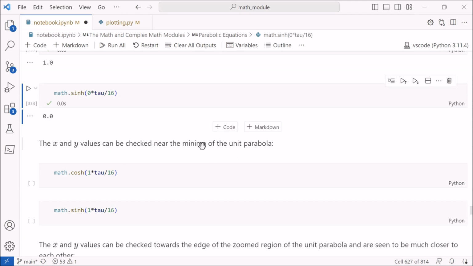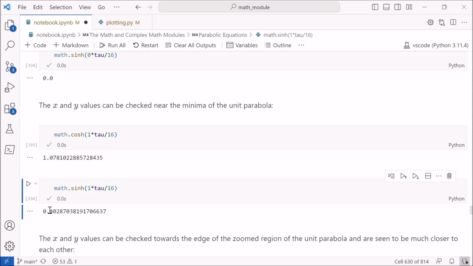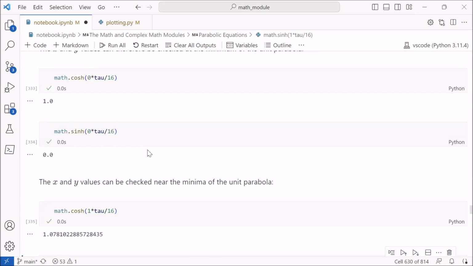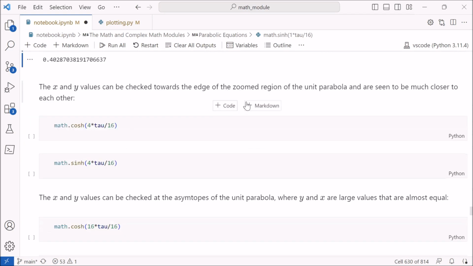And it can also be checked near the minima. So at 1/16, we can see this is 108, and we see this is 0.42. So we can see that this is slightly below a half, and this is slightly above 1. And we can check it at 4/16 tau.